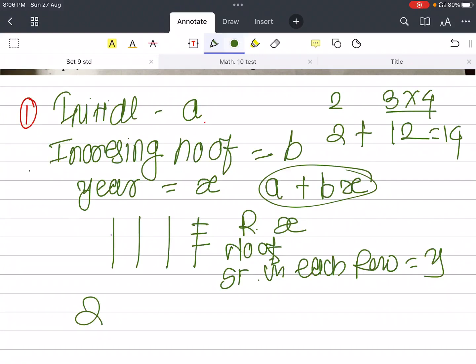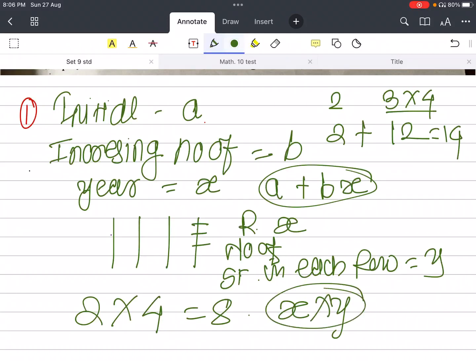Two rows are there and four students are there. तो हमें कैसे कैलकुलेट करते हैं? 2 4s are 8. तो x rows हैं and y number of students हैं. So आंसर क्या आ जाएगा? x into y हो जाएगा. So xy is your answer.